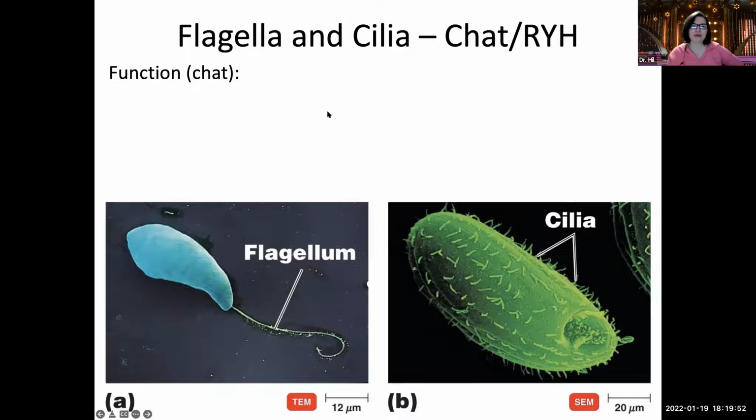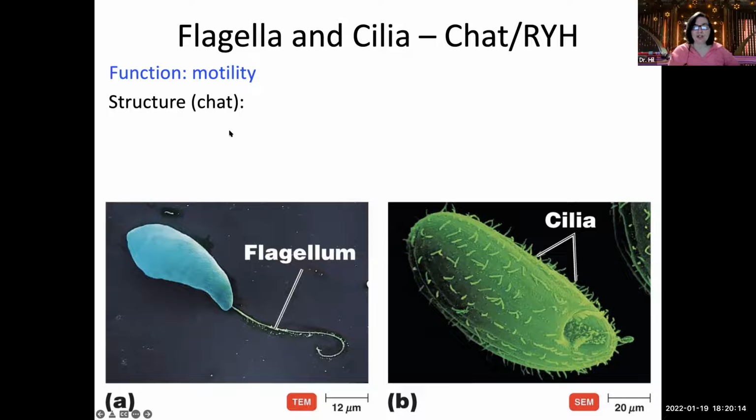Yeah, the function of a eukaryotic flagellum is just the same as a prokaryotic one, to help the cell move around, and especially true in microbes, right? There are some eukaryotic flagella and cilia in macroscopic multi-celled eukaryotes. It's more complicated, but in the microbial world, this is simple enough.